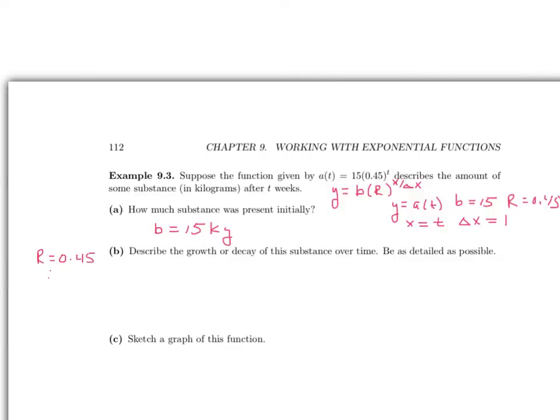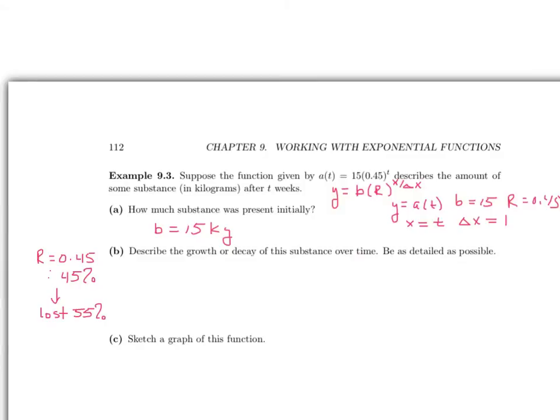We can think of that as 45%. And remember that the factor is the percentage remaining. So 45% is remaining, which means we've lost 55%.